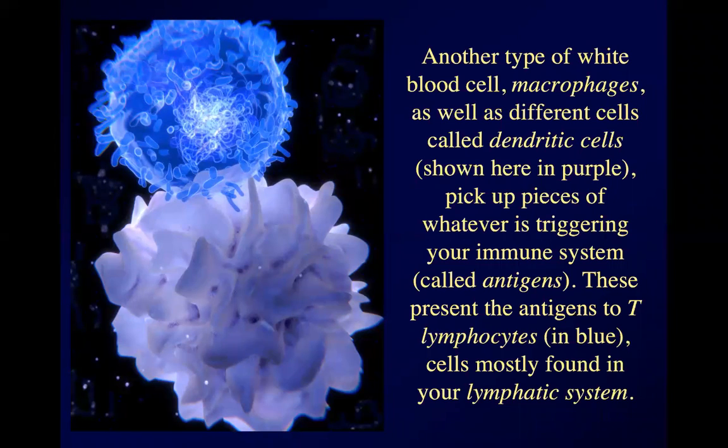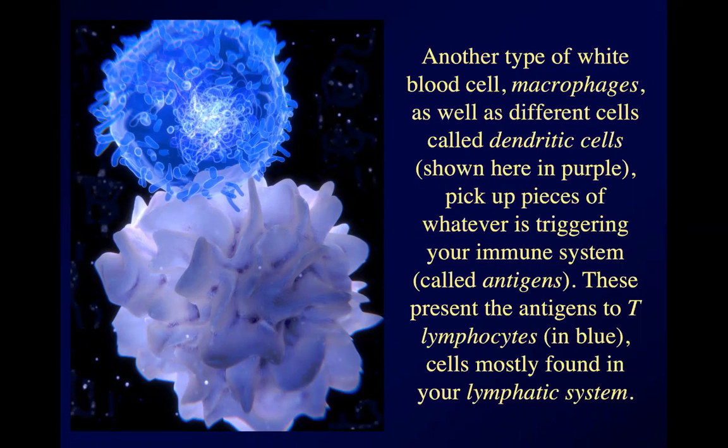And you have yet a third type of cell called dendritic cells. And in this computer graphic, this dendritic cell is the thing that looks kind of like a purple carnation down below. What they can do is pick up fragments of whatever is triggering your immune system, fragments of dead bacteria, pieces of virus capsid, bits and pieces of a parasite infecting you, whatever it might be.